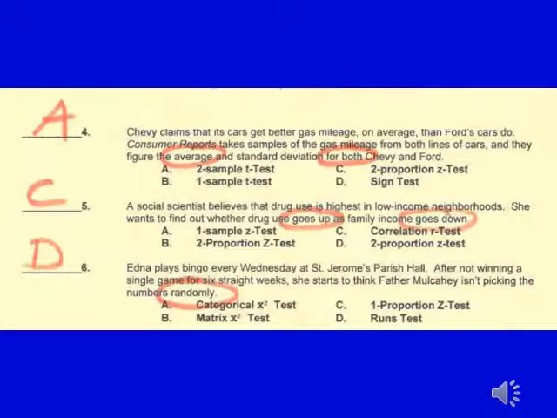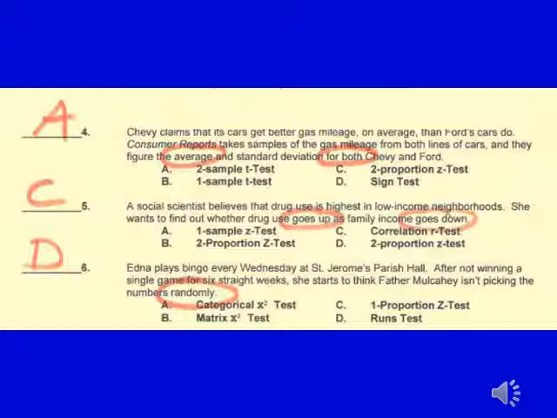And then number 4, I circled average and I circled both, because this means I know the average for Chevy and I also know the average for Ford, and we're going to compare those. And that's why it's got to be a 2 sample t-test, A. On the next one, I circled goes up and goes down. When you see that, it's like the dead giveaway for a correlation R test, C.